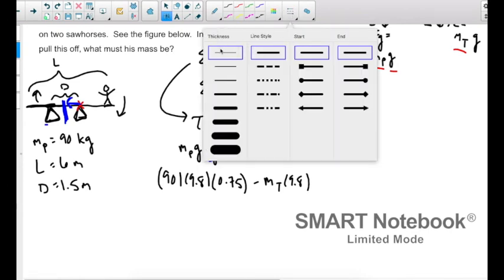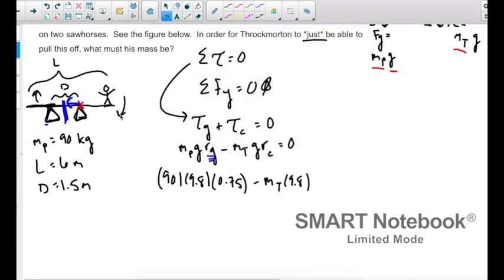and that's going to be his distance away from the axis of rotation. Well, what do I know about where he's located? I know he's located at the end. And I know that the whole thing is 6 meters. So I know that from the exact middle to Throckmorton must be 3 meters. So how far is he away from the axis of rotation at this sawhorse? Well, I know that the sawhorse itself is 0.75 away from the middle.